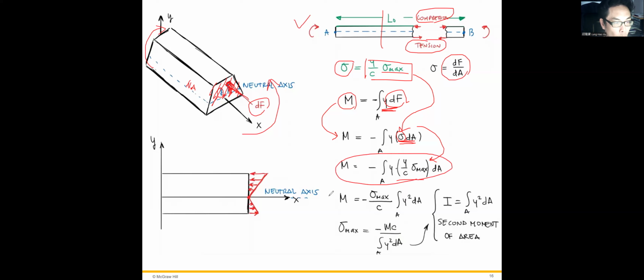We get the moment equals minus sigma max divided by c times the integration of y squared dA. Okay, and then we define this term as the second moment of area.